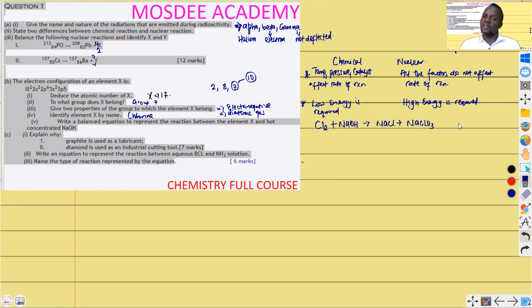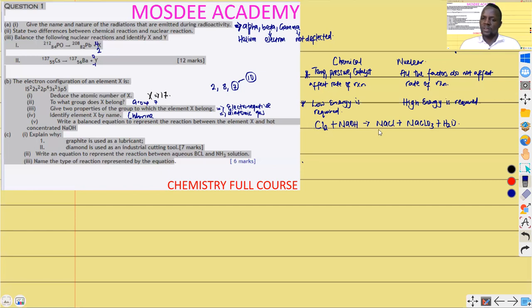And never forget that in your equation, you must balance it, especially in a standard examination like this. So let's try and balance this. Remember my logic: balance oxygen first. Chlorines are 2, then we have sodium. Let's start with sodium. This is 3 oxygen. So 3 2s are 6.